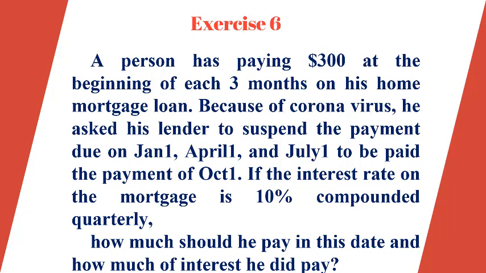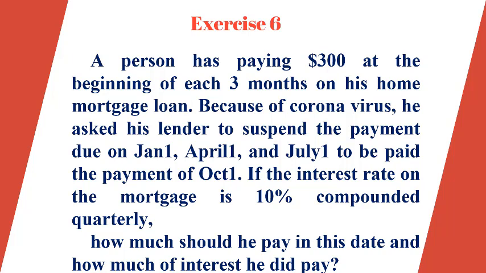To solve this problem with annuity due, we will consider that the payments of January 1, April 1, and July 1 will be paid on October 1.